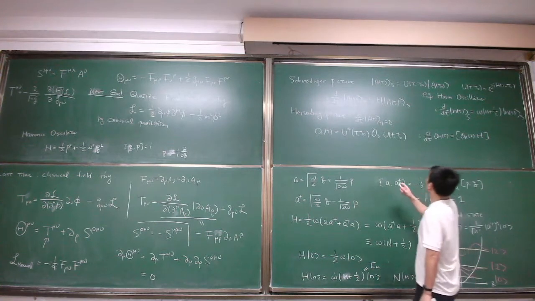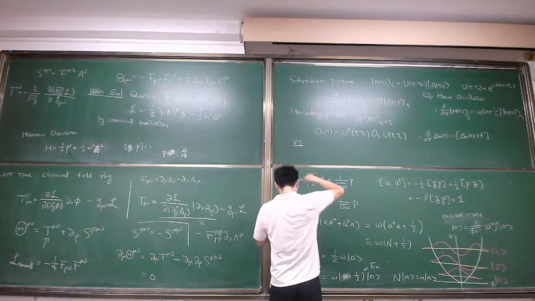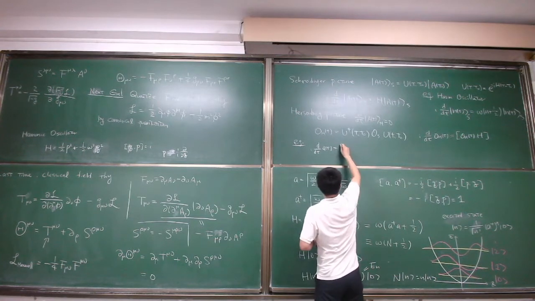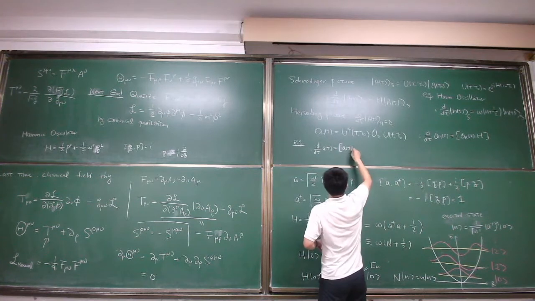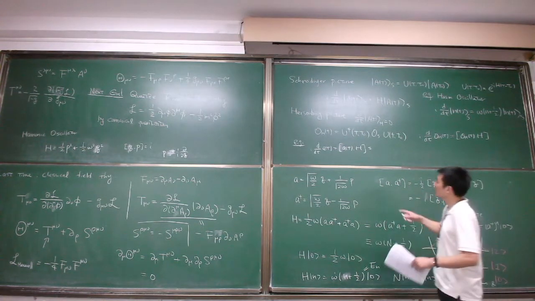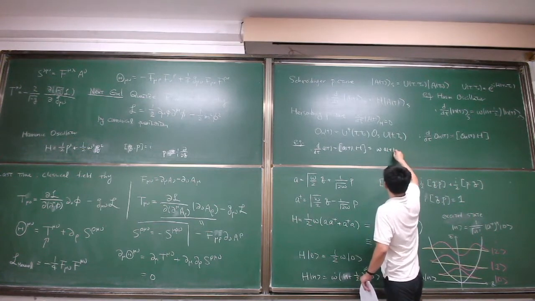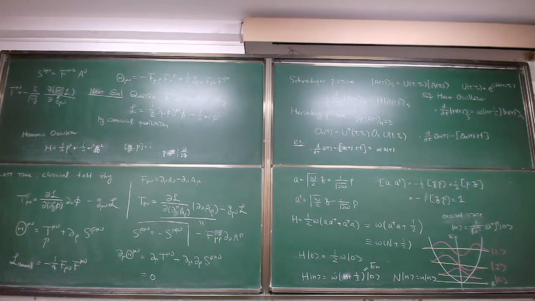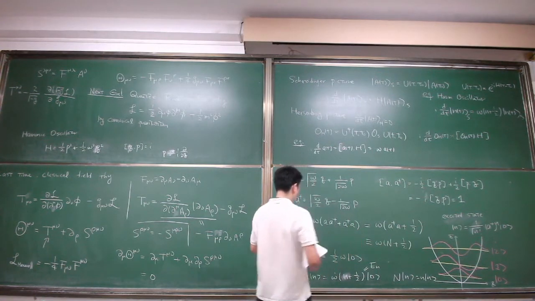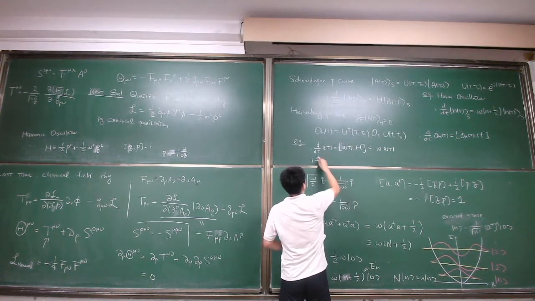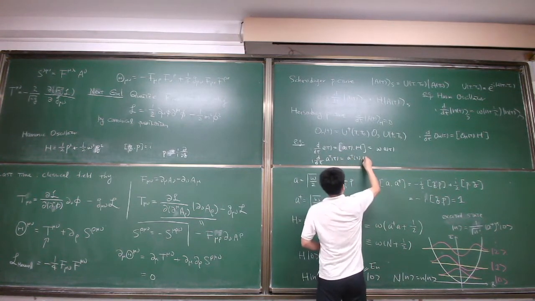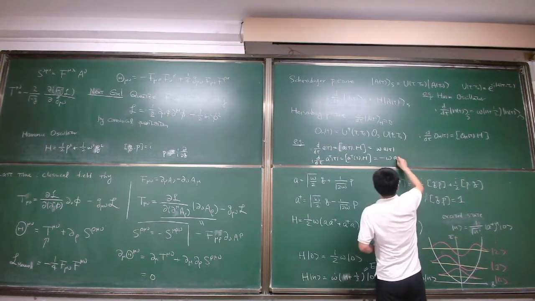In the case of a harmonic oscillator, we just have d/dt of a(t) equal to the commutator of a(t) and H. And if you use this commutation relation, you get plus omega a(t). And also the creation operator, a dagger, has the opposite sign: this is the creation operator, and this is minus omega a dagger of t.